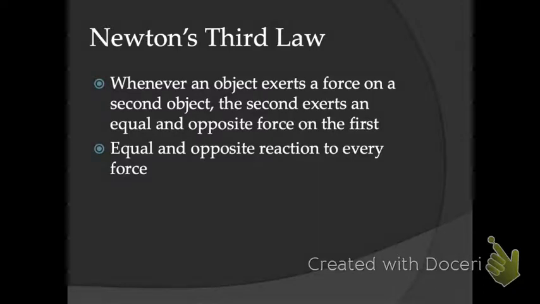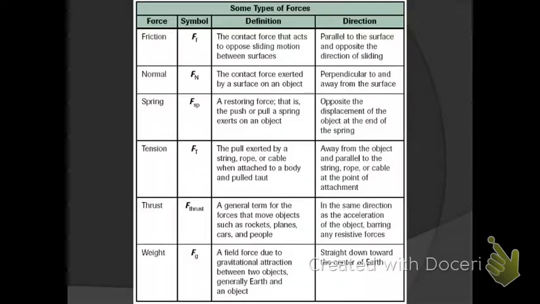Now I'm going to give you a table full of all of these types of forces we might talk about, we might use. This is just for you to have as a reference. It tells me what the labels are for each of the different forces, just what they might be labeled as.